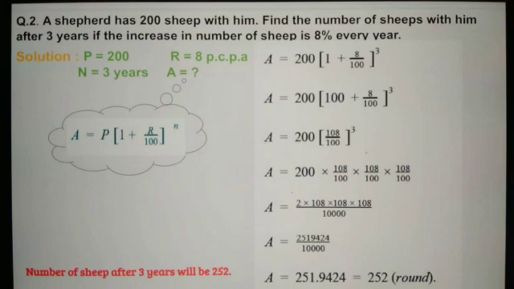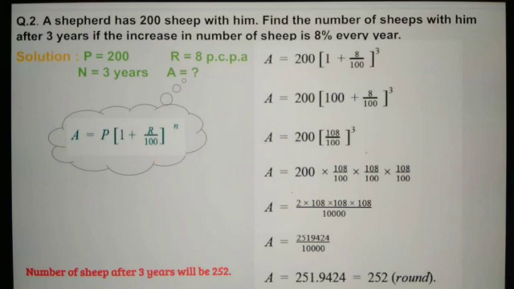Therefore, A is equal to 200, add, so it will become 108 upon 100 to the power of 3. Therefore, A is equal to 200 into 108 upon 100 into 108 upon 100 into 108 upon 100. Very good. Now, after cancellation, multiply. A is equal to 2 into 108 into 108 into 108 upon 10,000.